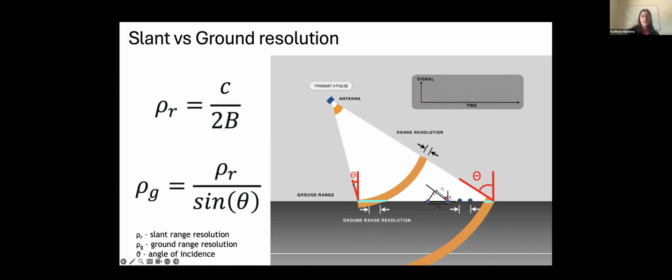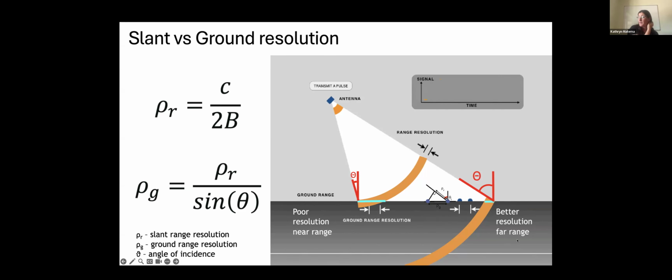And the incidence angle, as you will see over and over again in this course, is always measured from the vertical. What this means is that in the near range, which is this part here, you actually have less resolution. And in the far range, you have more resolution. Poorer resolution in the near range, better resolution in the far range.